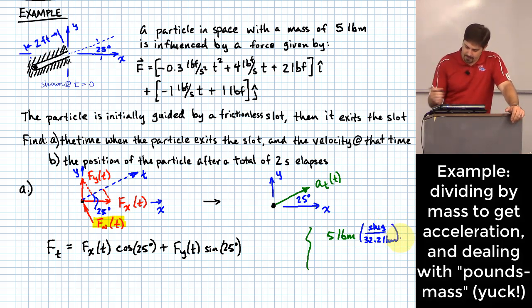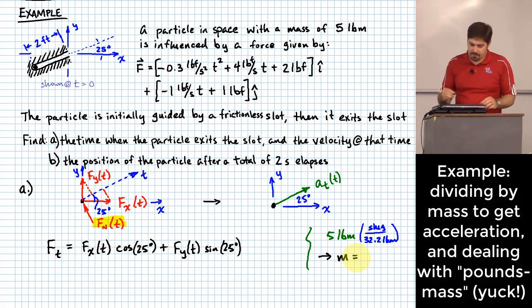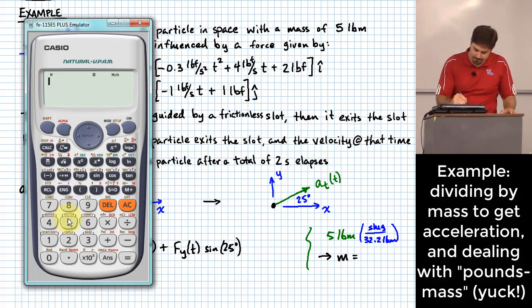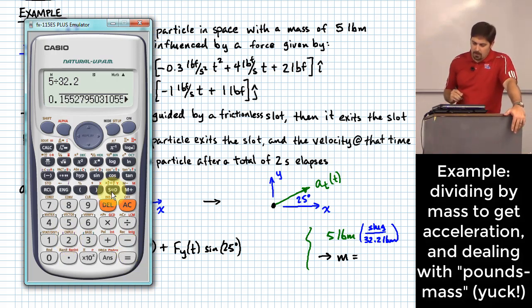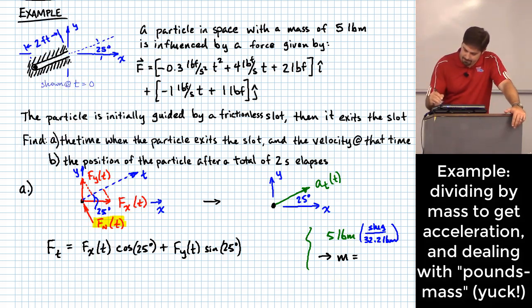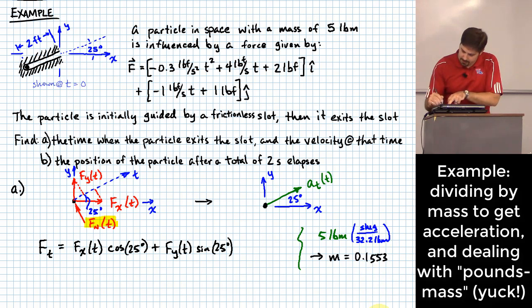This tells me that my amount of mass for this body is just going to be equal to 5 divided by 32.2, or 0.1553, and that would be in units of slugs.